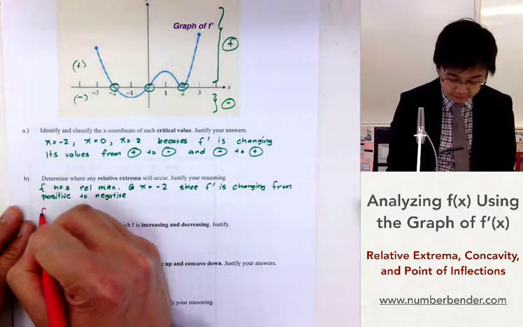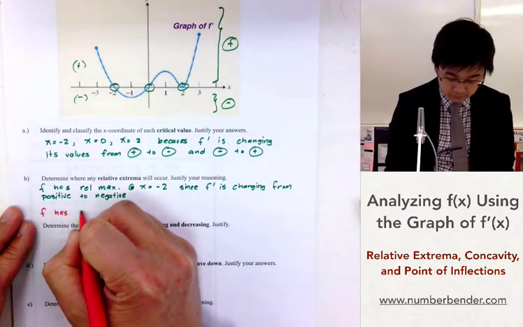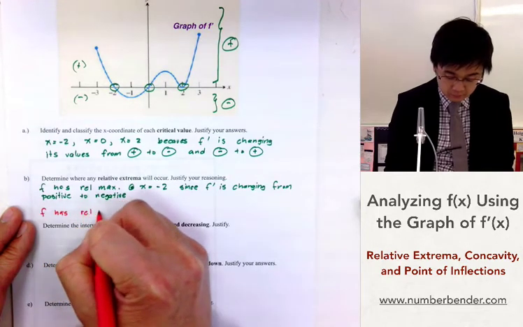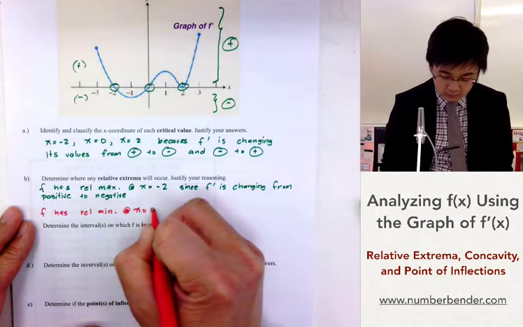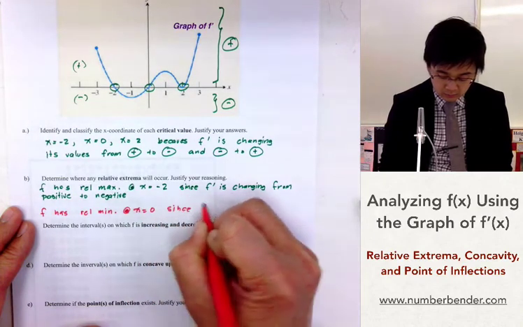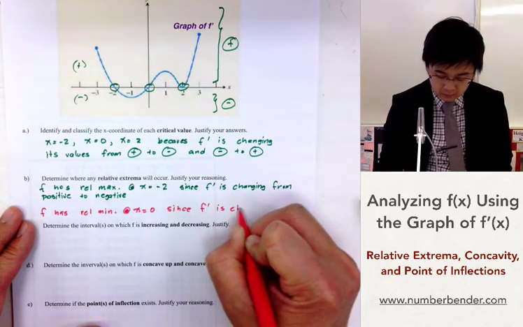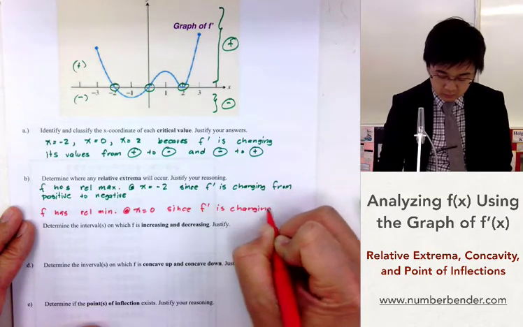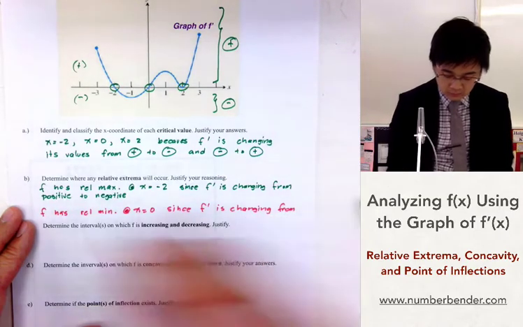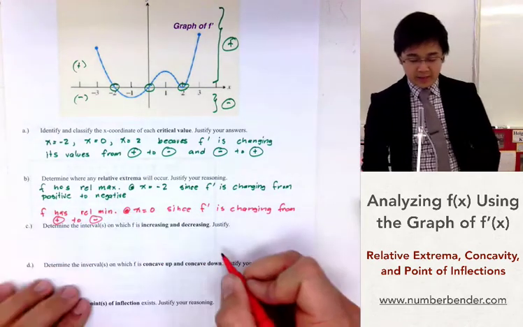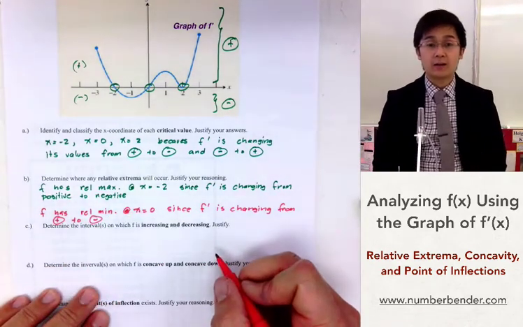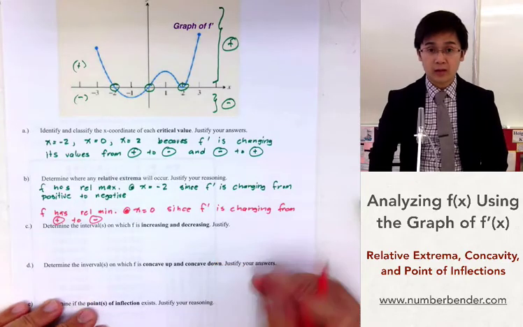So f has a relative minimum at x equal to 0, and that's how we identify relative extrema using our f prime graph.